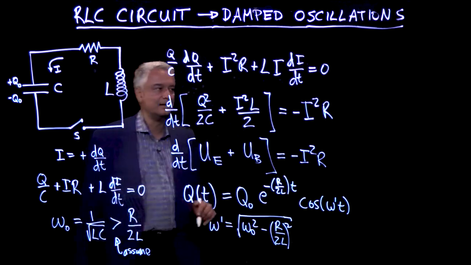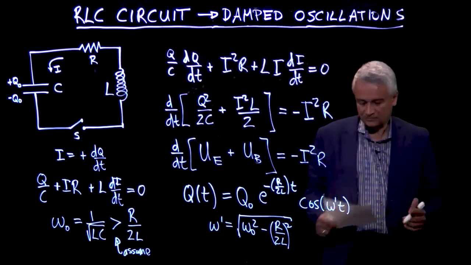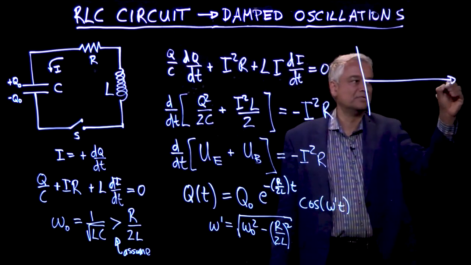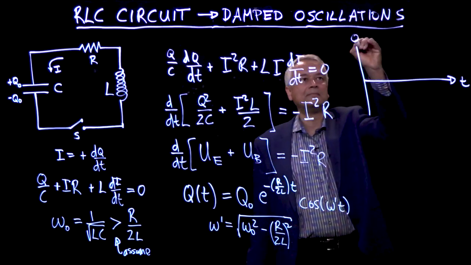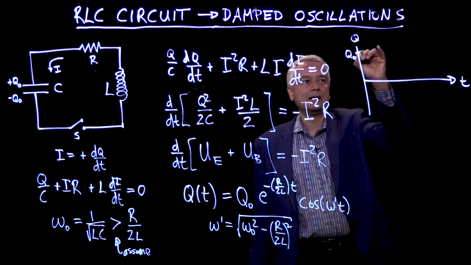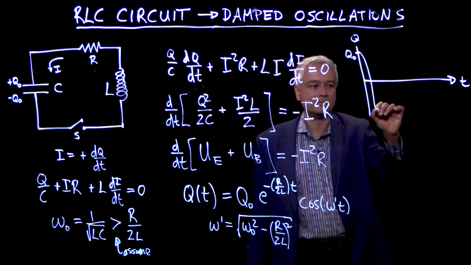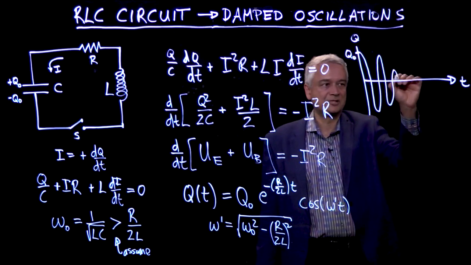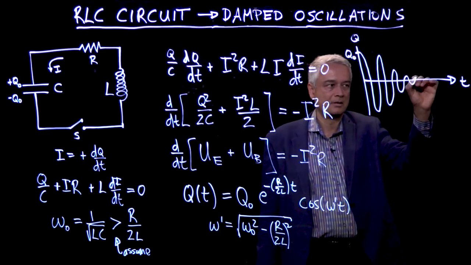What does this look like if I plot it? So here's my q of t, q plotted as a function of time. It starts at q naught, and it oscillates. But as it oscillates, the amplitude of the oscillation decreases.